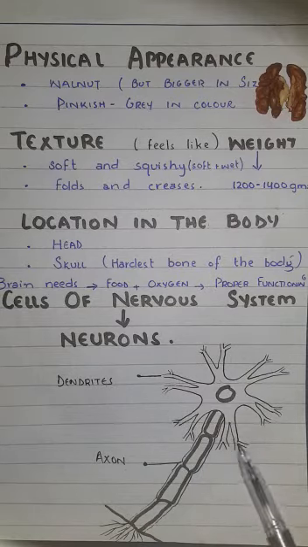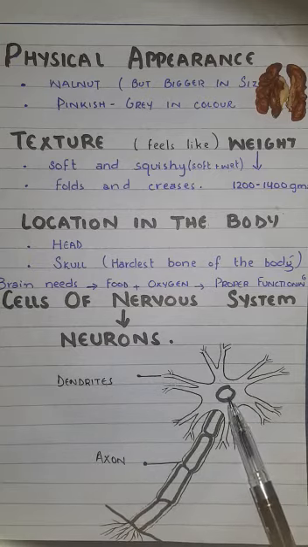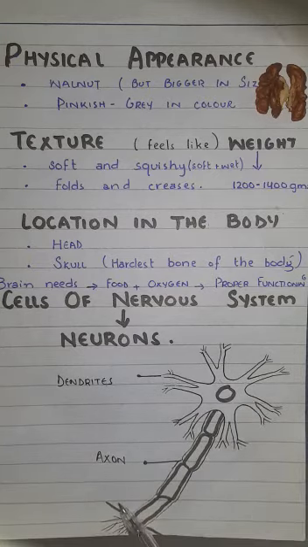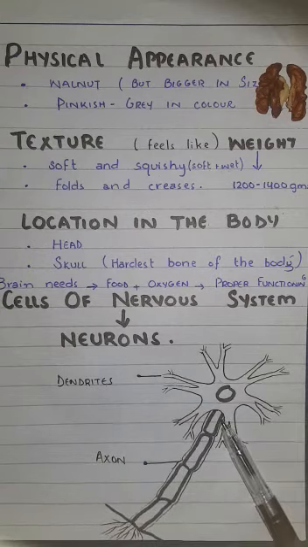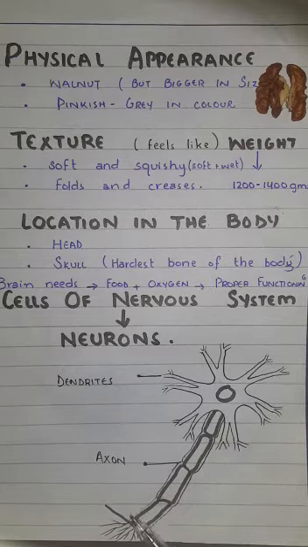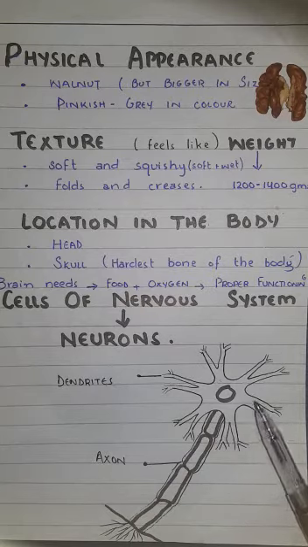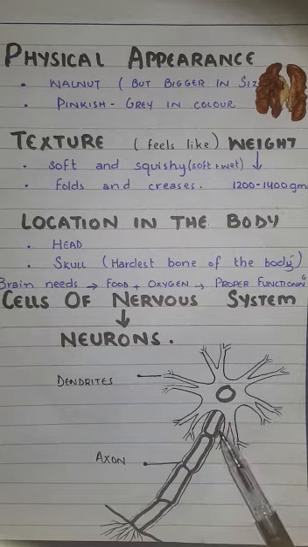This part of the nerve cell or the neuron is called the dendrites. This is the nucleus and this part is called the axon. This axon might extend quite long. Like when it starts from the brain, it can extend throughout your legs and thighs. And the brain cells might be very small in size.